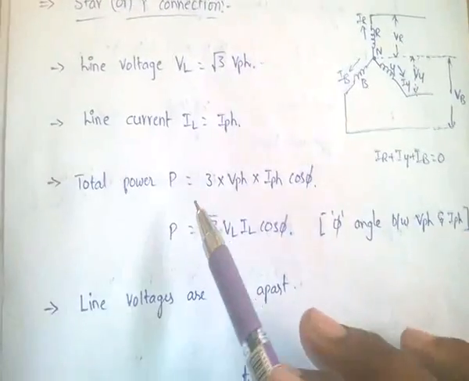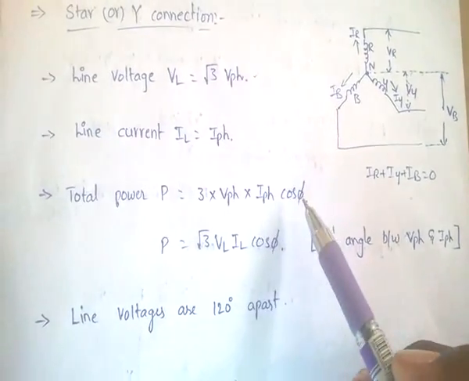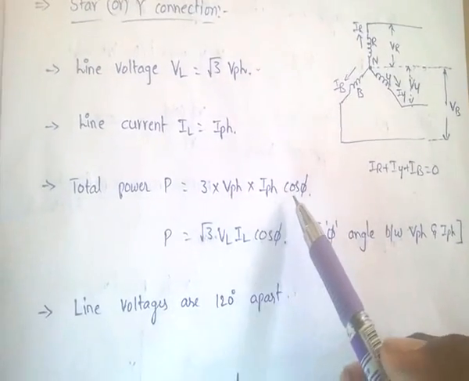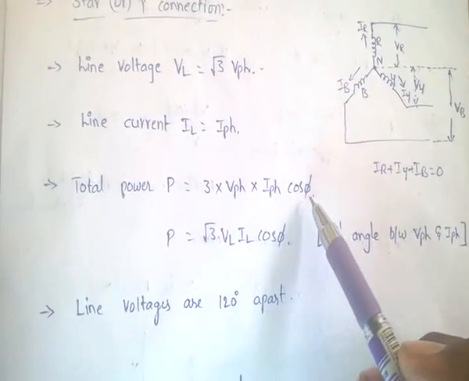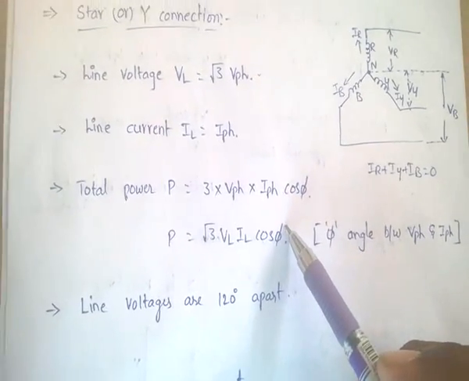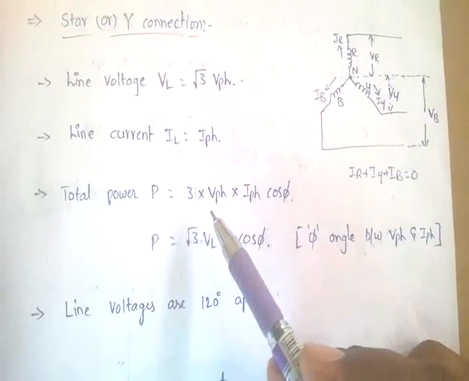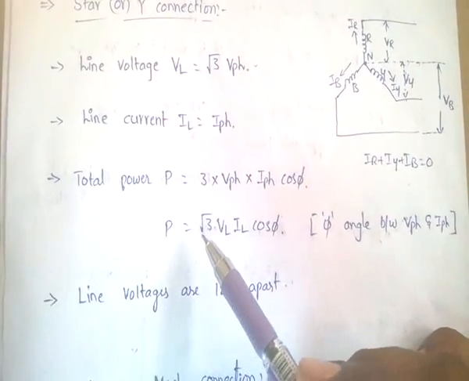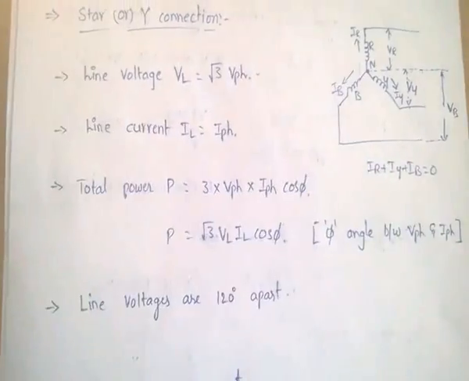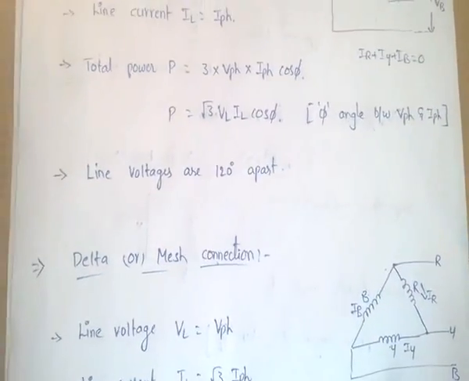The total power P equal to 3 into V phase into I phase into cos phi. Cos phi is the power factor, and phi is the angle between V phase and I phase. Or P equal to root 3 VL IL cos phi. Line voltages are 120 degrees apart.